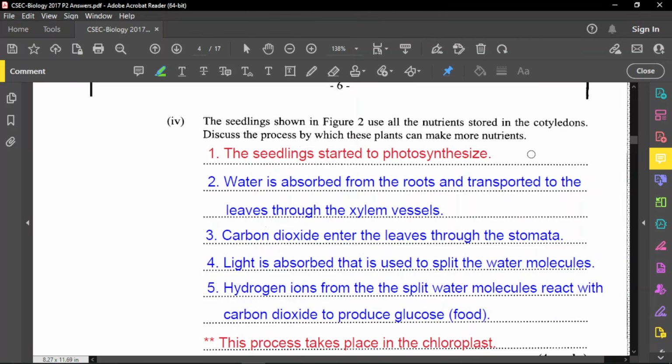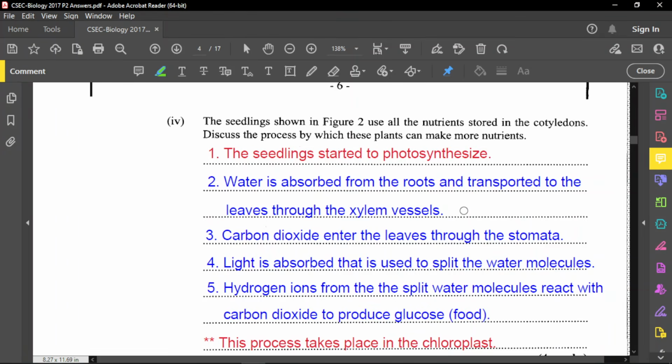And of course, as you look at germination, as seeds germinate and start to develop leaves, the cotyledons will shrink because they are less active and the nutrients are already used up out of those cotyledons. Now, for a second point here, water is absorbed from the roots and transported to the leaves through the xylem vessels.